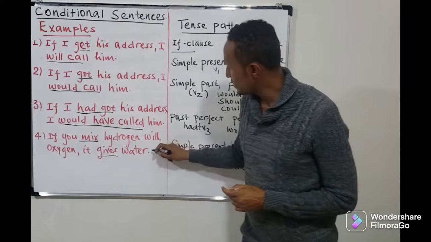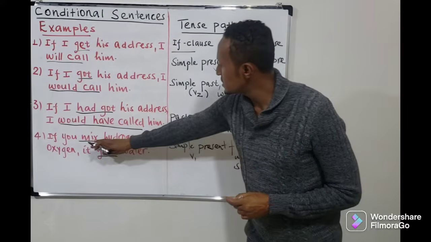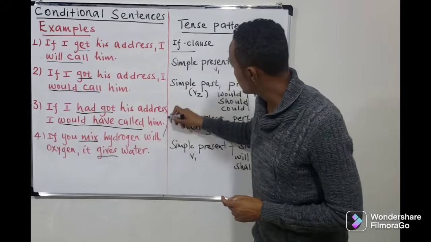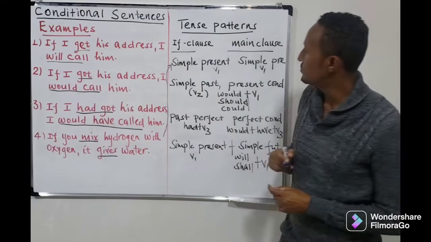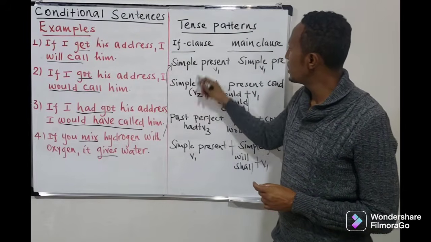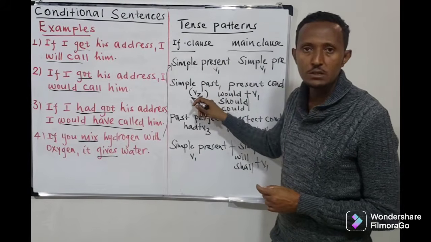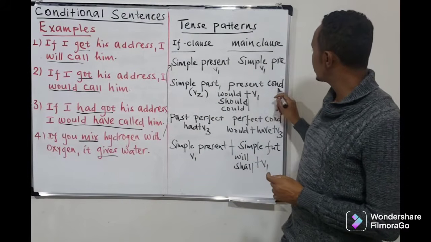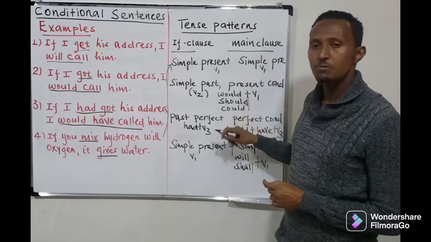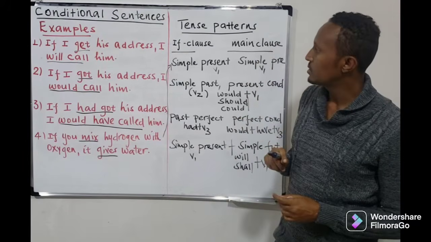So this one, the fourth sentence, consists of simple present both in the if clause and the main clause. So this matches with the first tense pattern. Now let's see. Here we have simple past in the if clause, that means the verb to form the present condition in the main clause: would, should, could, might, plus verb 1.